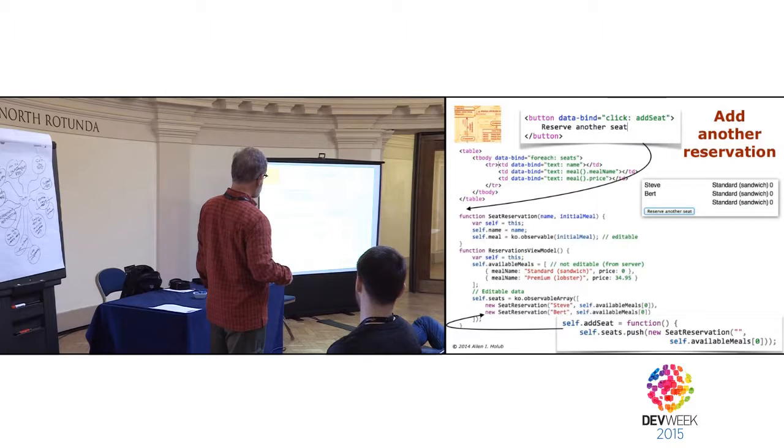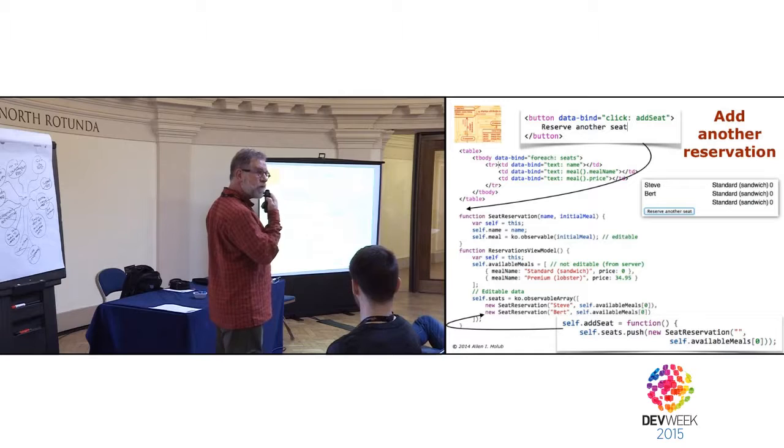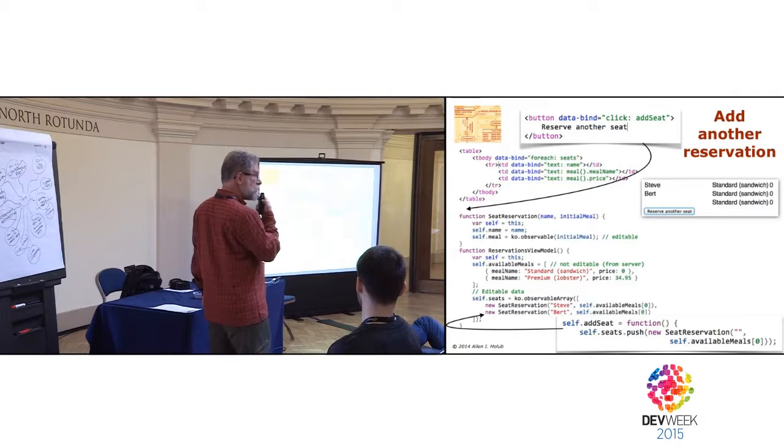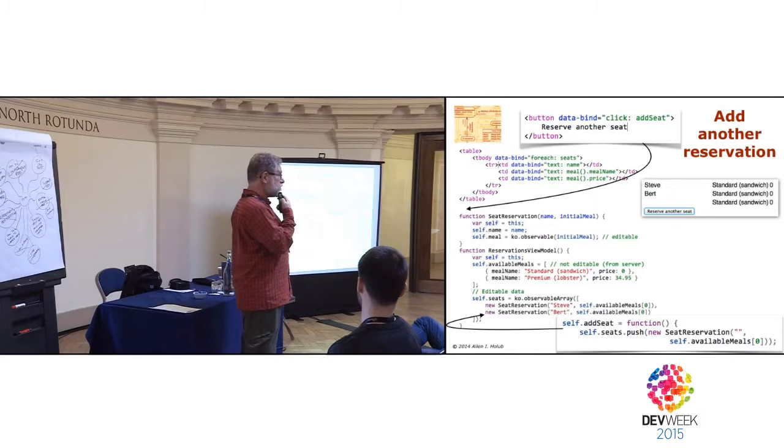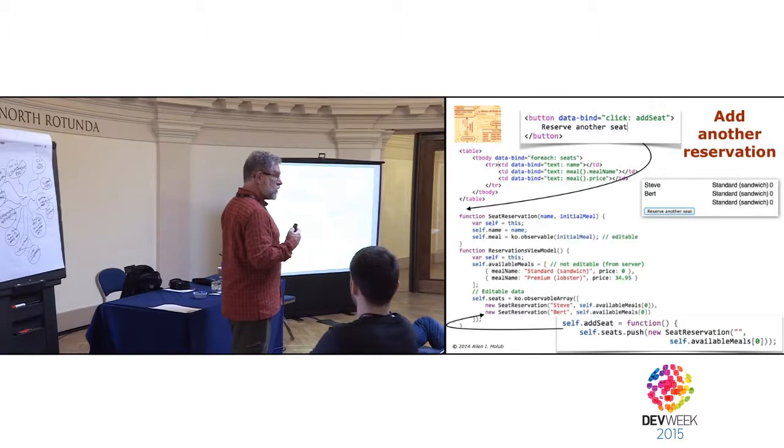Now, notice that I'm using the push function here to put a new element into this array. That's actually just part of JavaScript. Arrays in JavaScript are not actually arrays. Arrays in JavaScript are lists. So you can push things into them, you can pull things out of them. You're just using a square bracket. So that's the list.